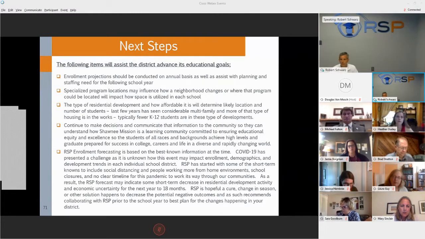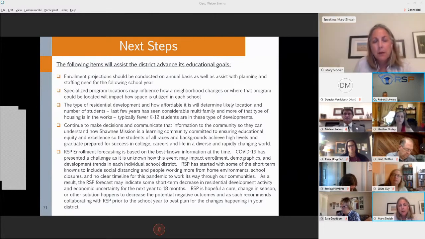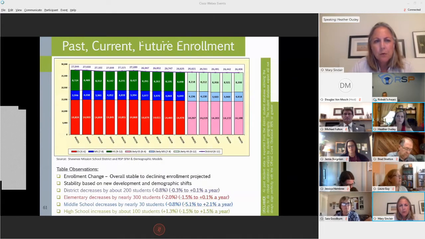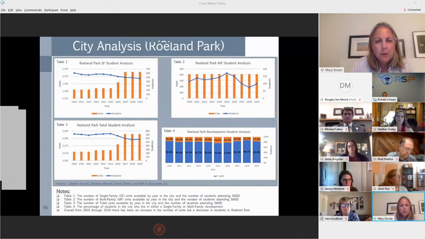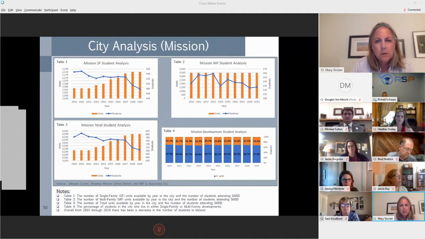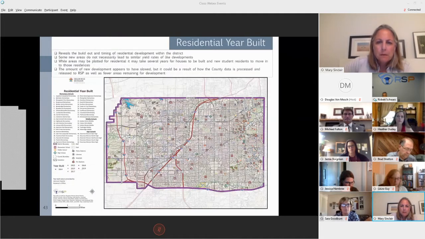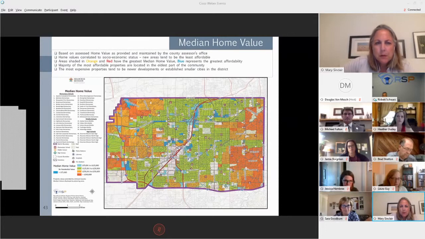If I look at Shawnee Mission's enrollment from 2010 to 11 to what you're projecting into 2024, there's a difference of about 1,000 students. Is that typical in mature districts? Do you have any sense of that?